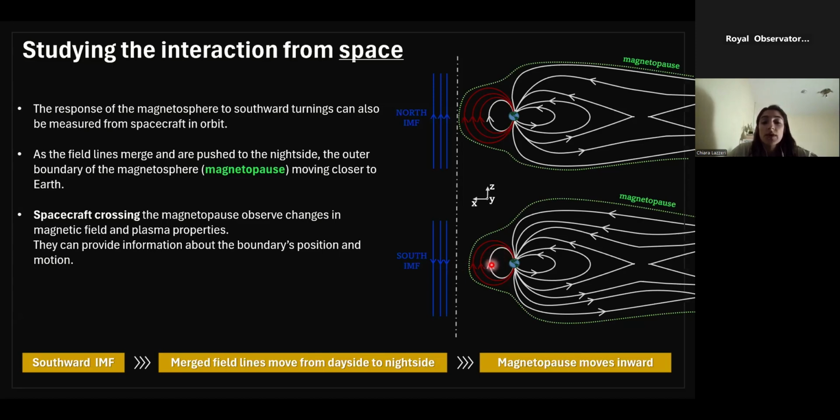And also in the magnetosphere, the plasma will be less dense, but also much hotter than it is outside. So with these crossings, we can determine where the magnetopause is located. And if we have multiple spacecraft crossing it one after the other, we can also get some information about how fast the boundary is moving.